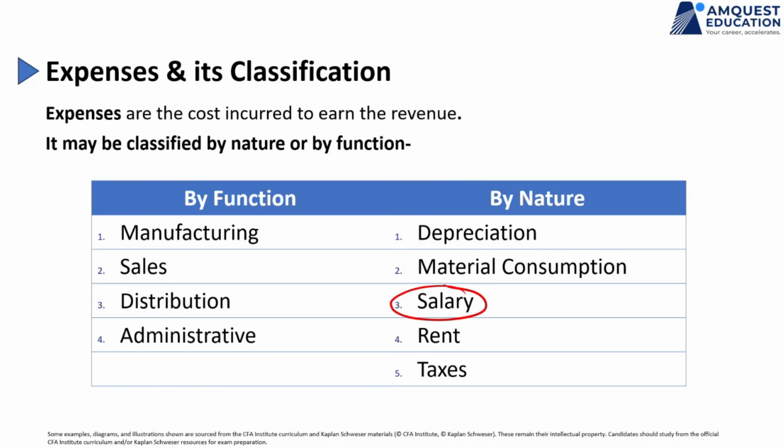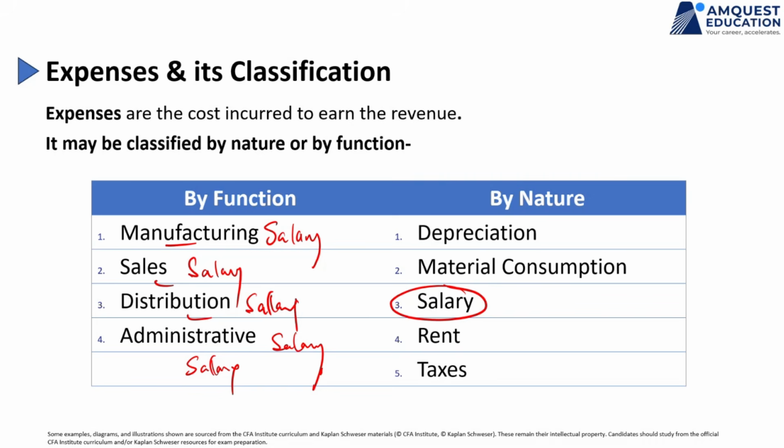Salary is an expense, and by nature of the expense, it's a salary expense. But then you can also record salary like this: manufacturing department salary, sales department salary, distribution department salary, and obviously admin department salary. So you can also put salary under each of these buckets. You can say each department has its own salary number separately reported.